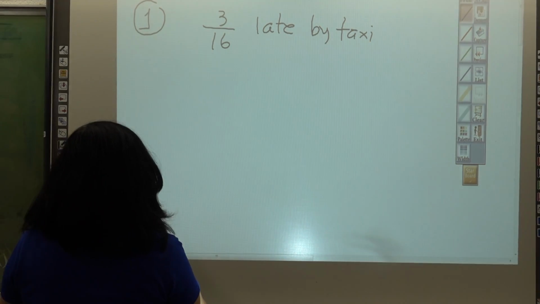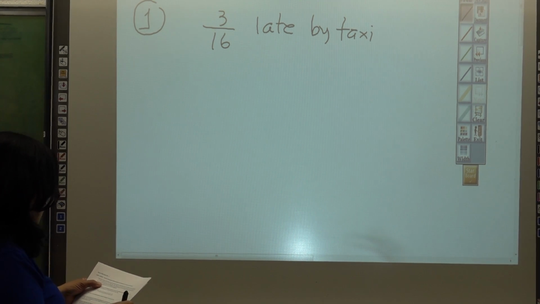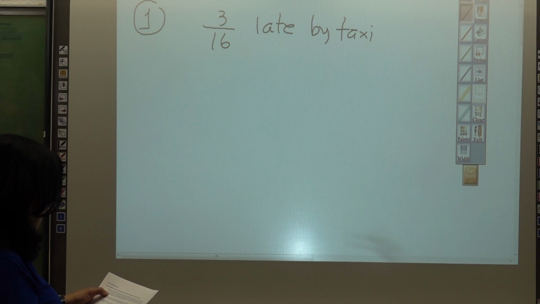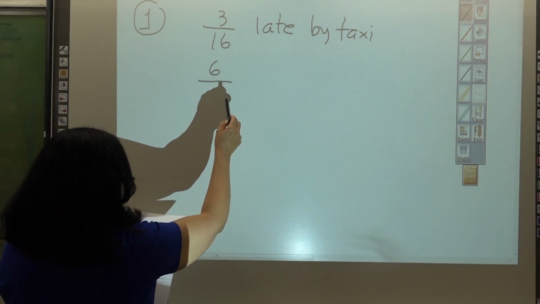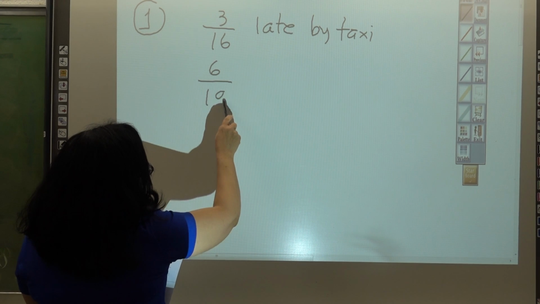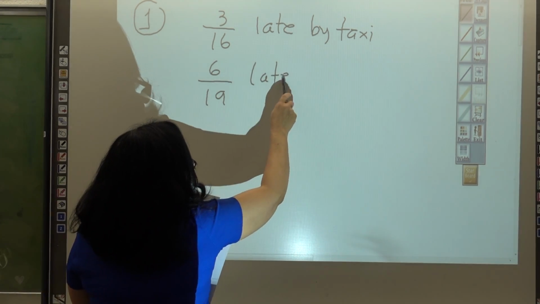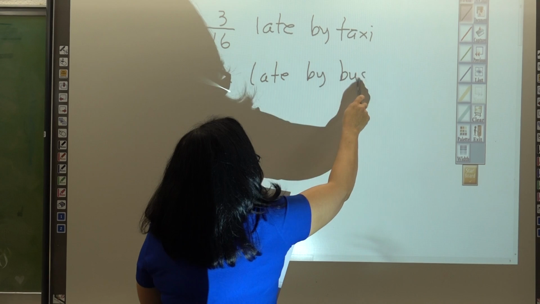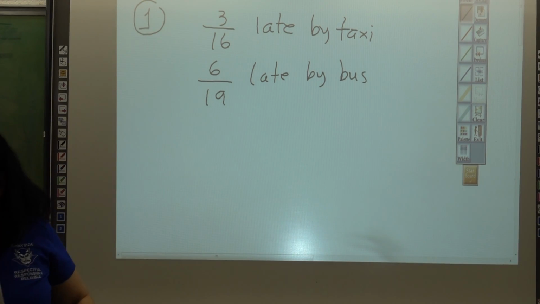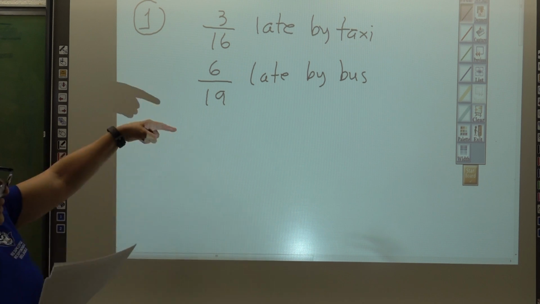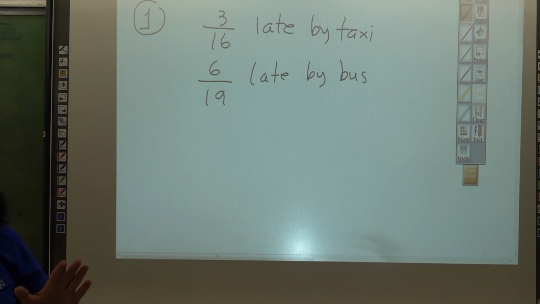Then also, when she takes the bus, 6 times out of 19, sorry, 6 out of 19 when she's late by bus. What's the probability, right? Out of 16, 3 times gets late by taxi, and 6 out of 19 is the probability when she takes a bus.